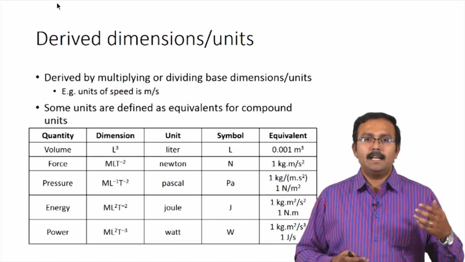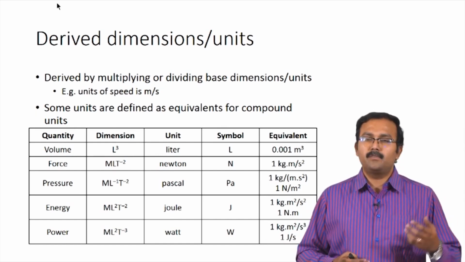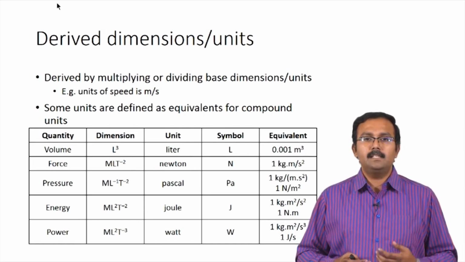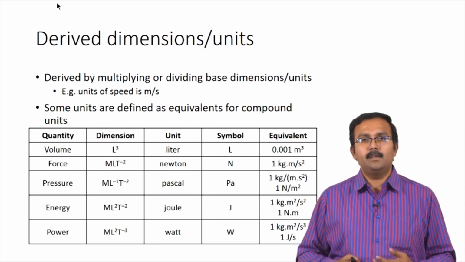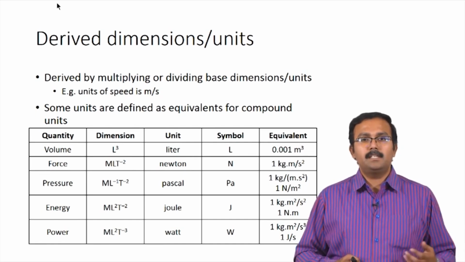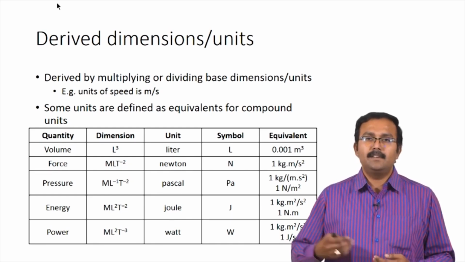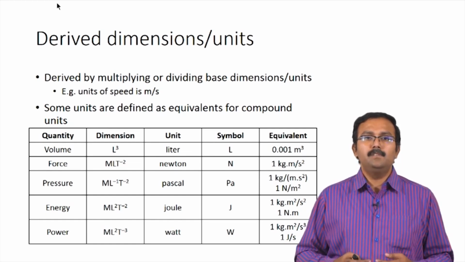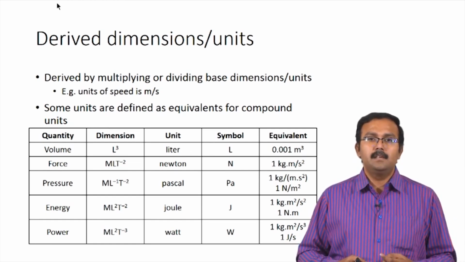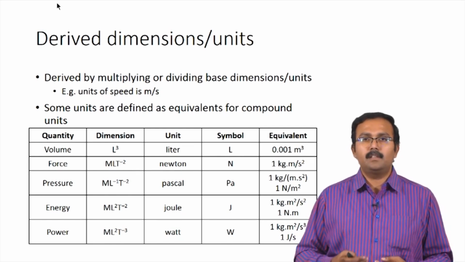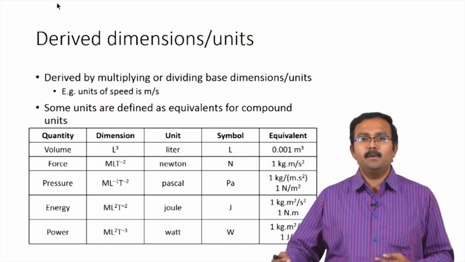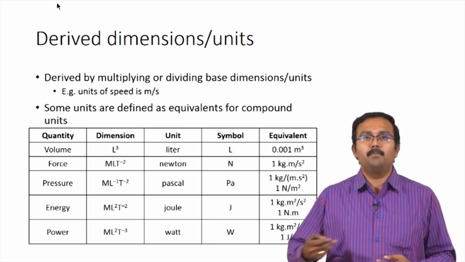Similarly, there are different derived units for force, pressure, energy and power. Force in SI units is given as Newton, pressure as Pascal, energy as Joule and power as watts. This table gives you the dimensions of these terms, the units, the symbols used for the SI units and also their equivalents in compound units.